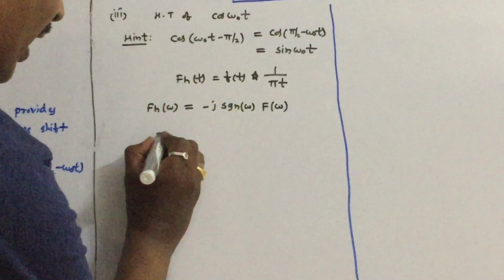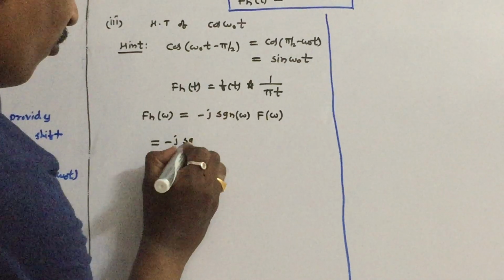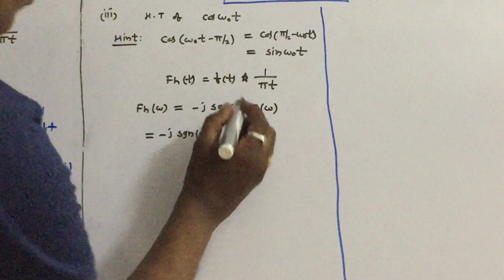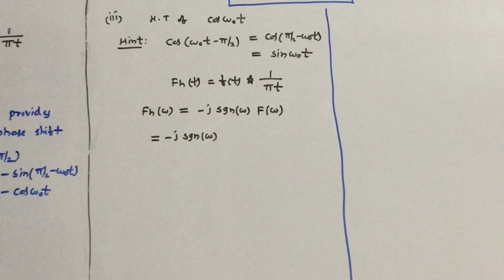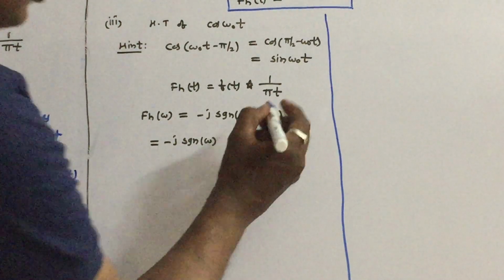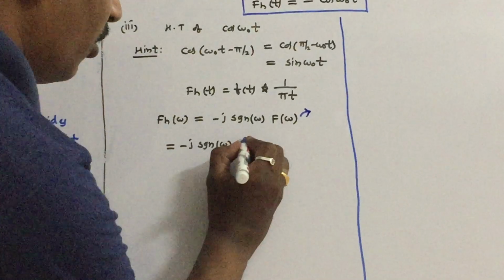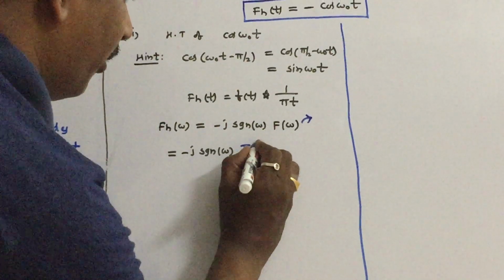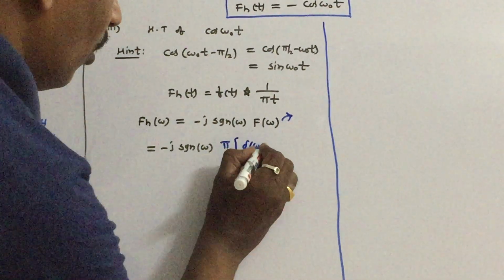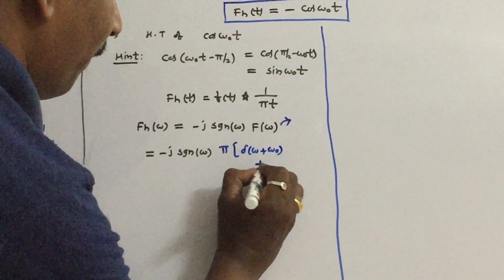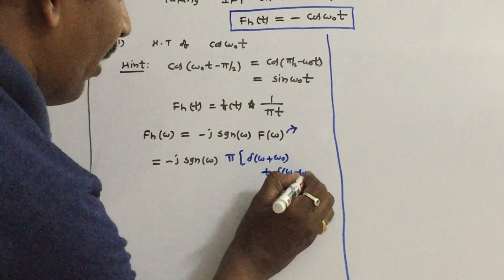What is the Fourier transform of cos omega 0 t? It is pi into delta of omega plus omega naught plus delta of omega minus omega naught.